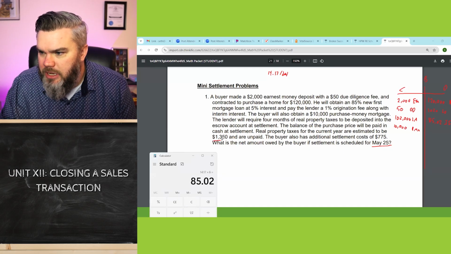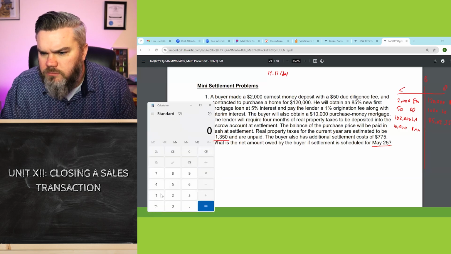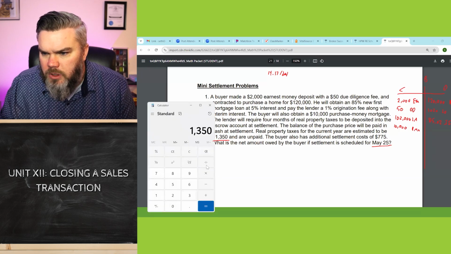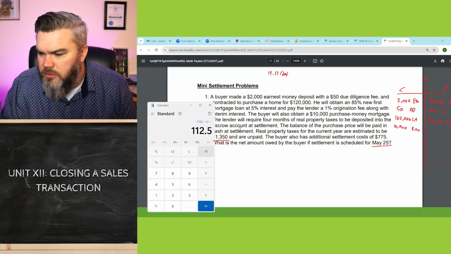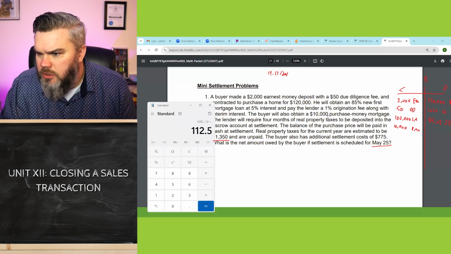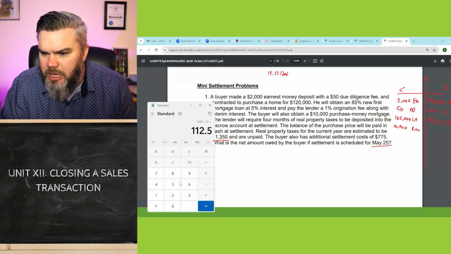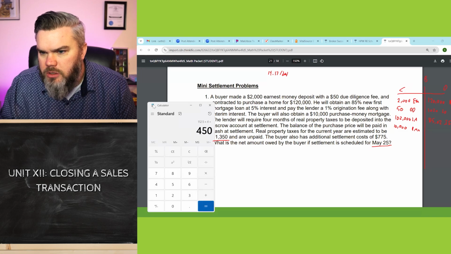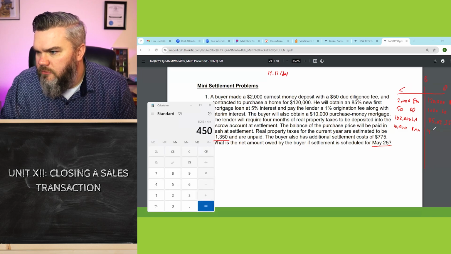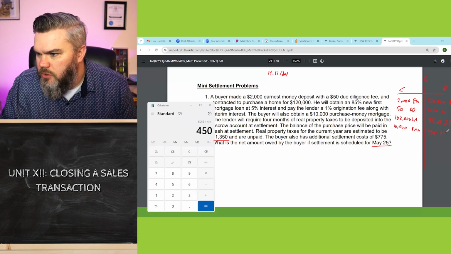Your taxes are here. Take your $1,350 divided by 12 to give you your monthly, and they want 4 months. So times 4. So that would be $450 buyer debit for tax escrows.